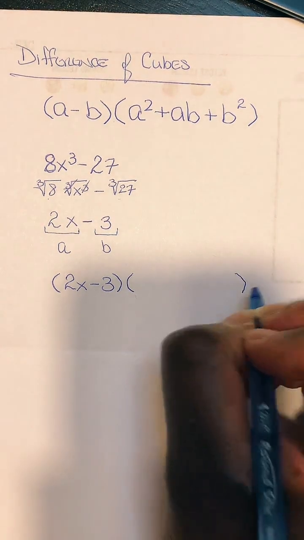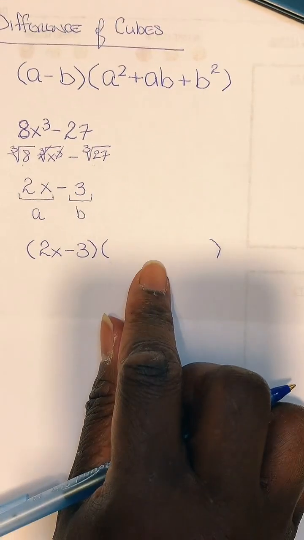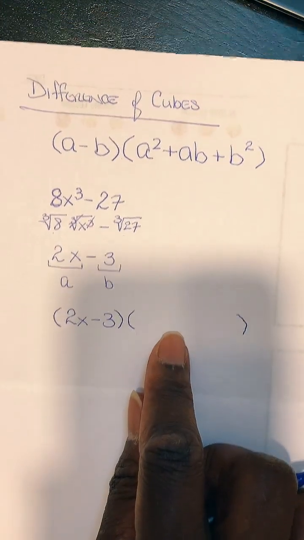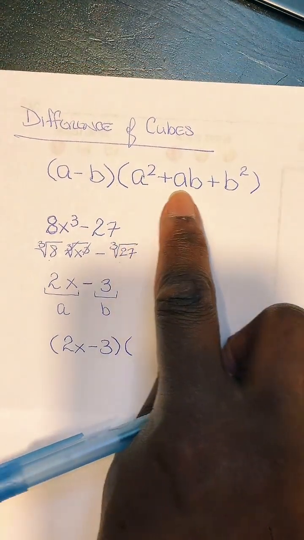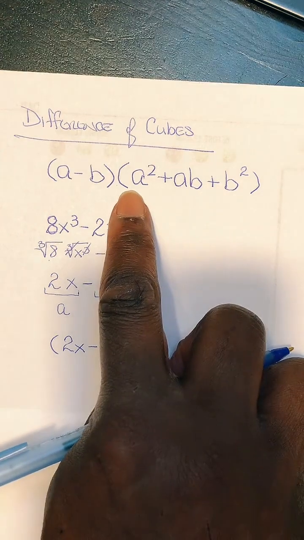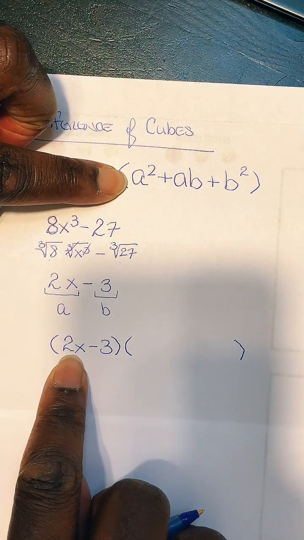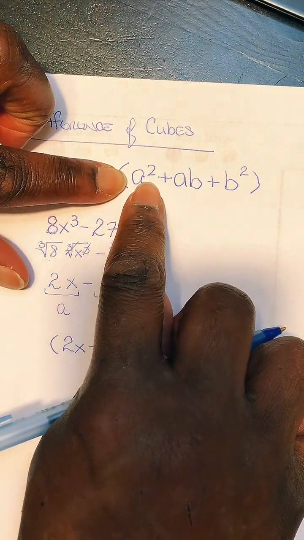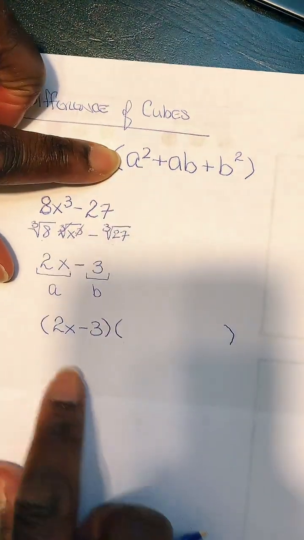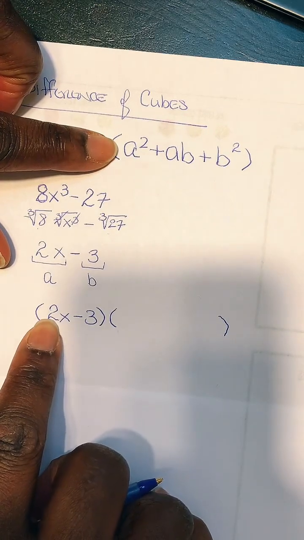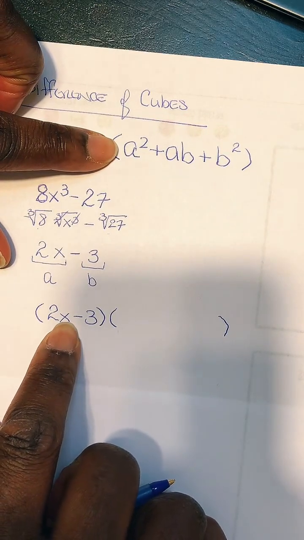So now, to figure out what goes into the second parenthesis, we're going to follow this pattern. We're going to take our A. Remember, our A is 2x. And we're going to square it. So that means I'm squaring the 2 and I'm squaring the x.